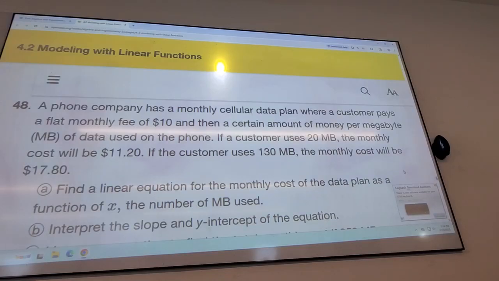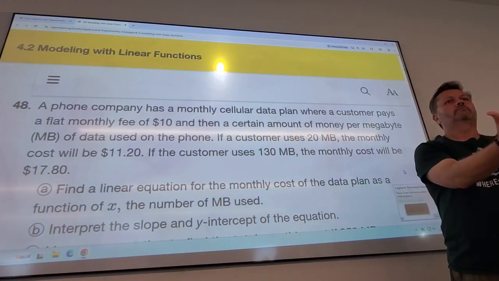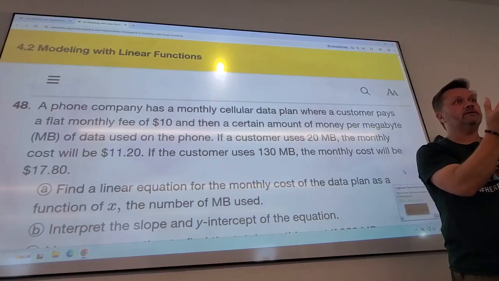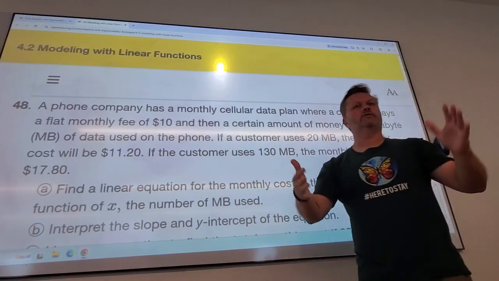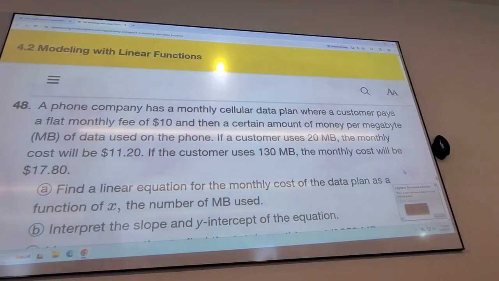So everybody, does it make sense that the 10 should be the y-intercept? Because what's my input variable? What's my output variable? Price, the cost, yes? What is the cost dependent on? What's my input variable? The amount of data you use. Now, if you use 0 data, how much do you have to pay? $10.